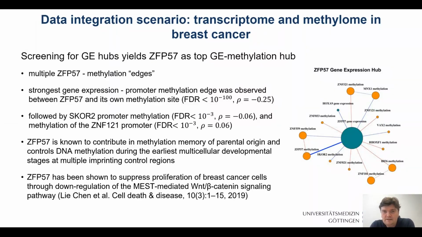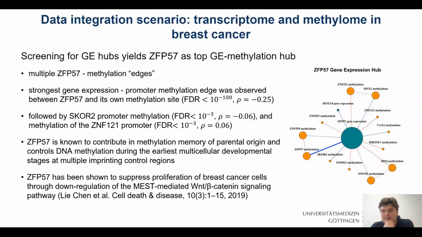First, we observe that the strongest edge in this neighborhood of CFP57 is its own methylation site. It has a really low FDR below 10 to the power minus 100. So really a clear association, and it's negative.